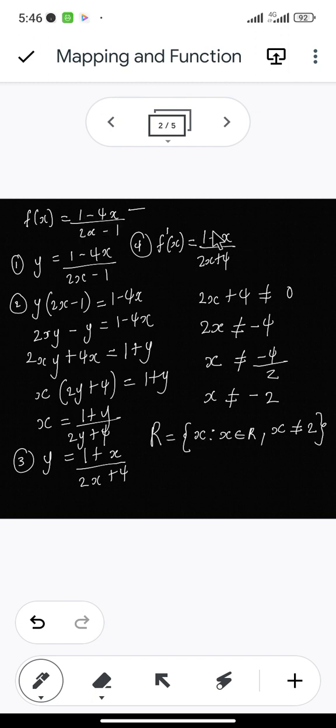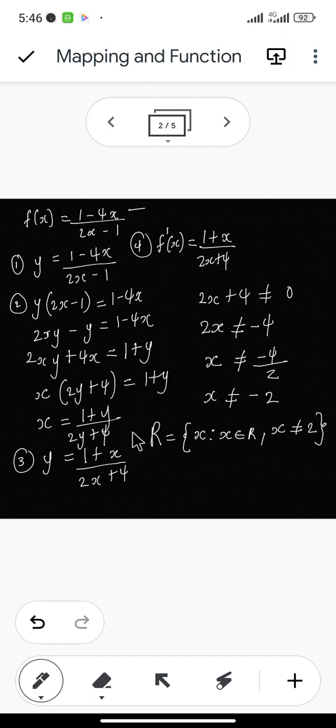The domain of an inverse function is the range of the original function, understand? So this is just the step. Step 1, you find the inverse of the function. Step 2, you look for the domain of that inverse function and you have your range.